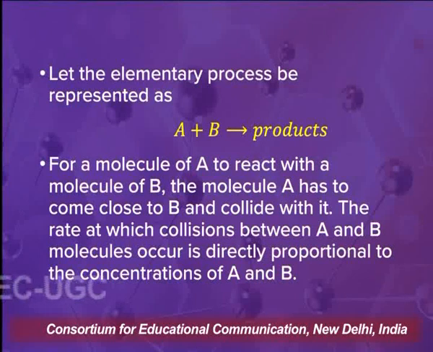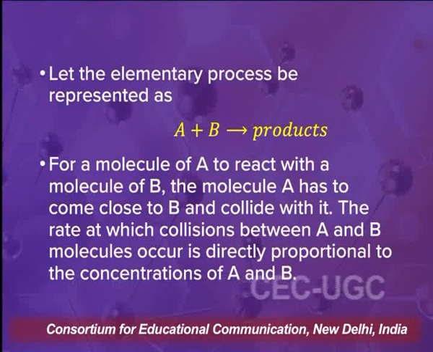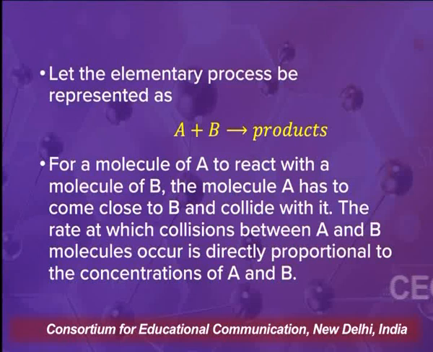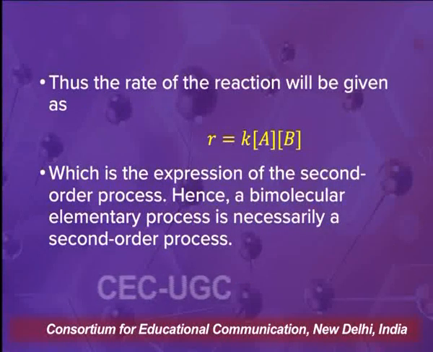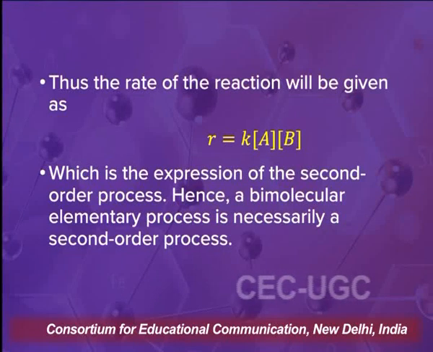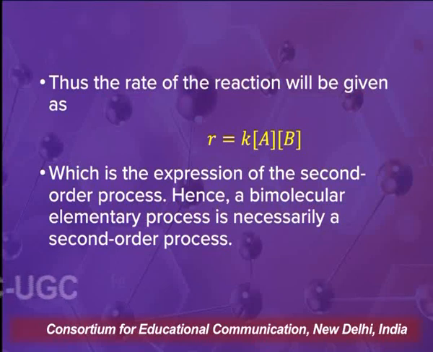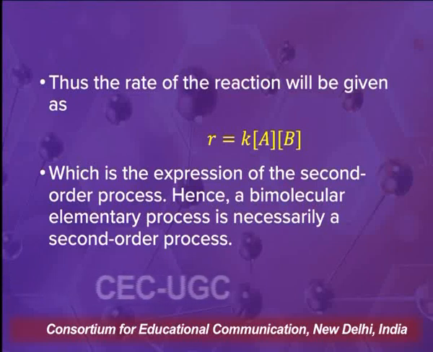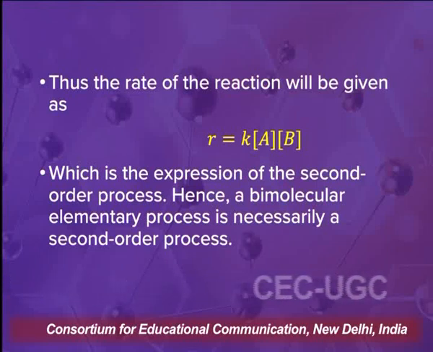The rate at which this collision between A and B molecules occurs is directly proportional to the concentration of A and B. Thus, the rate of the reaction will be written as rate is equal to k into A into B, which is the expression of the second order process. Hence, a bimolecular elementary process is necessarily a second order process.